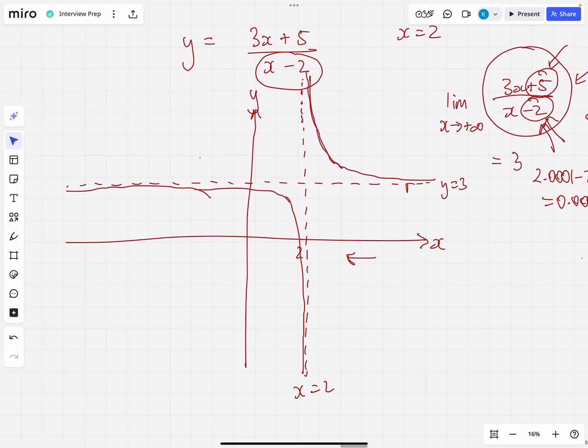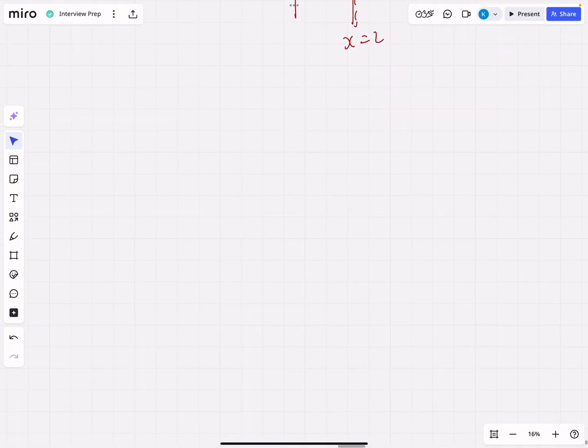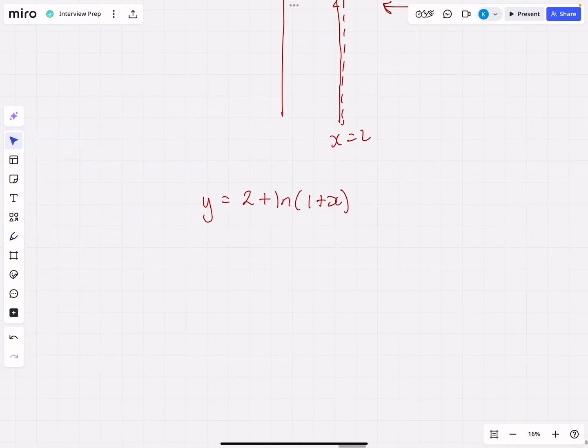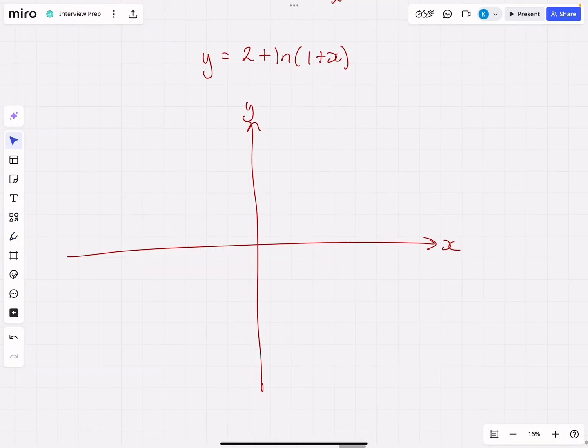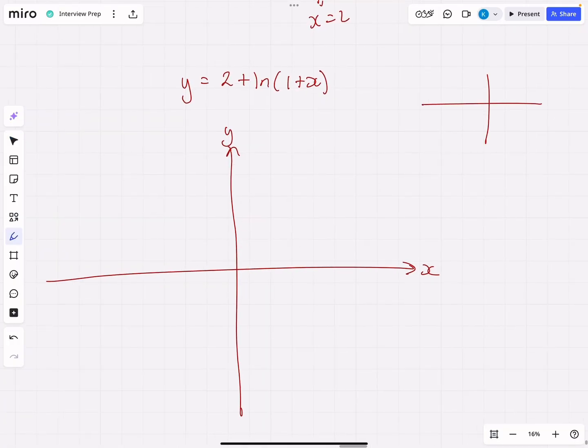Okay, nice. Our next graph is going to be y equals 2 plus ln(1 plus x). So we notice that this is just a transformation of one of the standard graphs we should know at A level, which is y equals ln x. Well, I know that my graph of y equals ln x passes through 1 here.